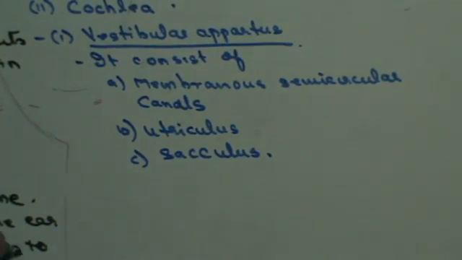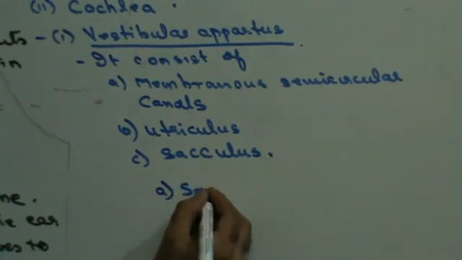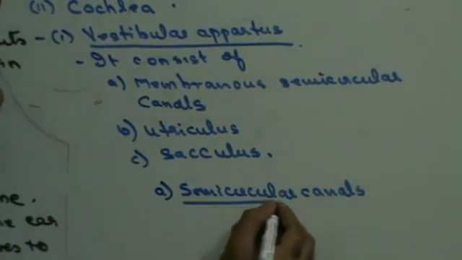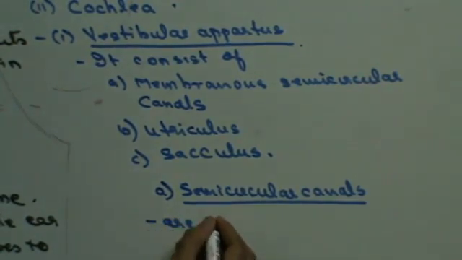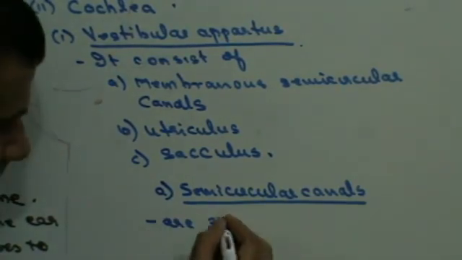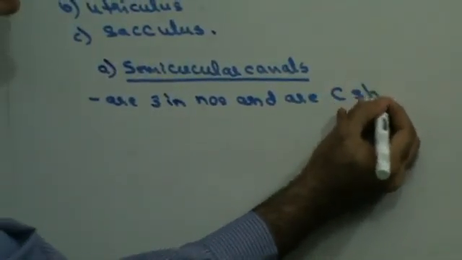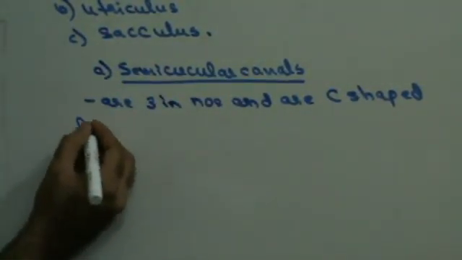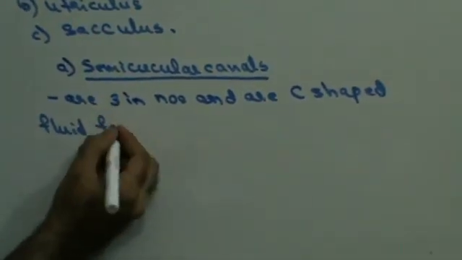Okay. Let's see this. Now, the first part here would be the semicircular canals. I can say that the semicircular canals are 3 in number and are C-shaped fluid-filled loops.